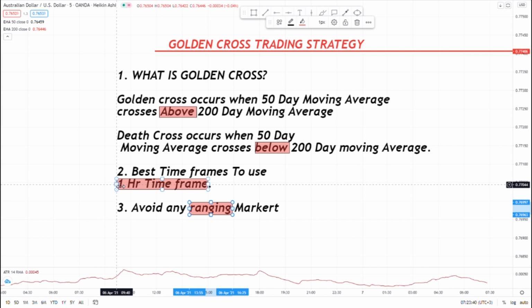If you use a daily chart, these are people who hold their trades for weeks, months. So the best time frame to use as a beginner is the 1 hour time frame.